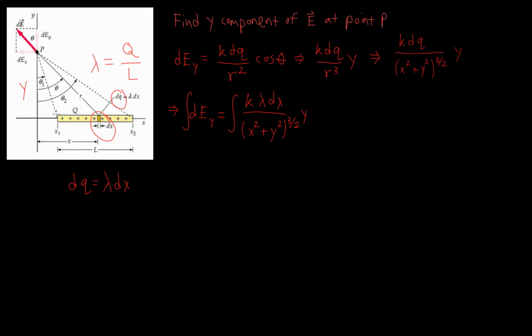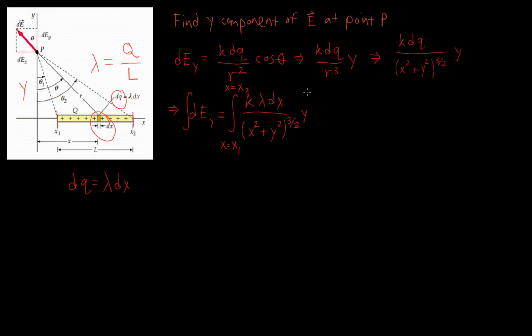And so since we're integrating from x equals x1 to x equals x2, the lower limit on this integral is x equals x1, and the upper limit is x equals x2.